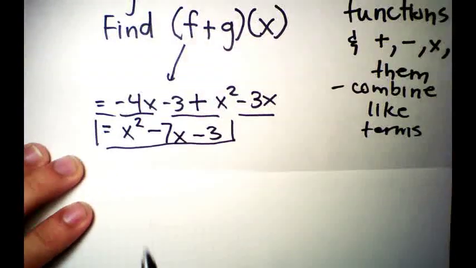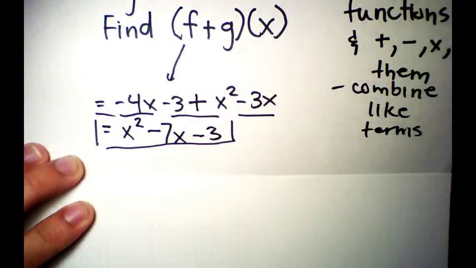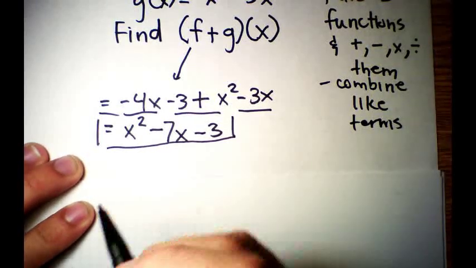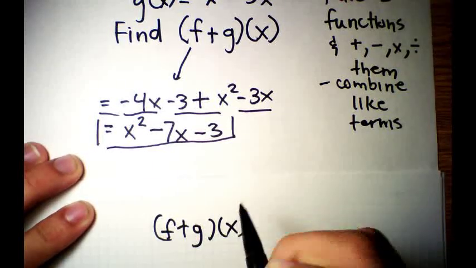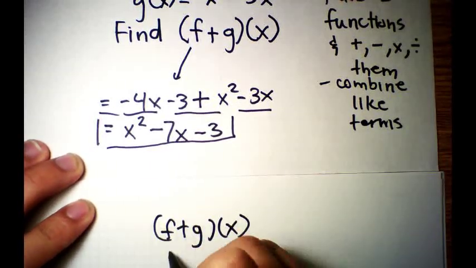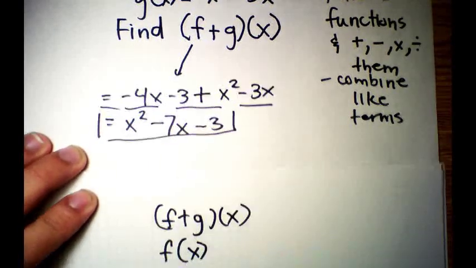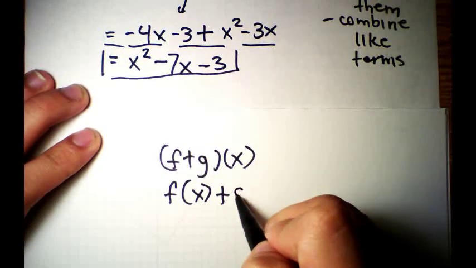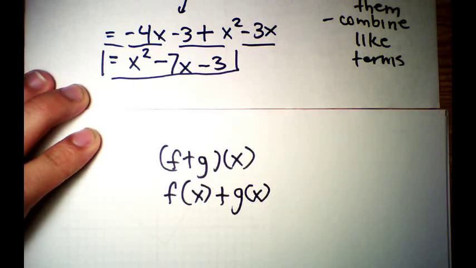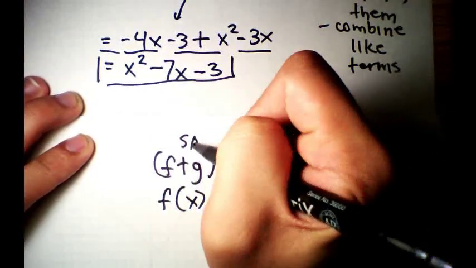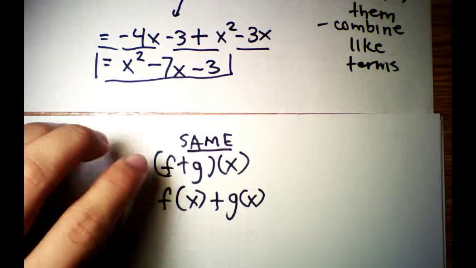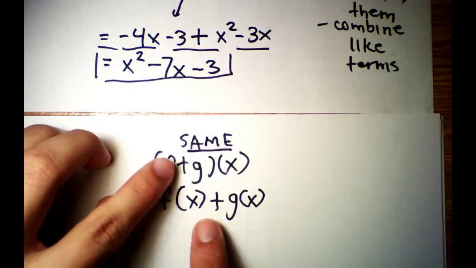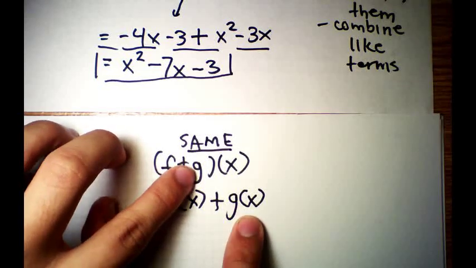If you see something like f plus g of x, or if you have it separated so that it looks like f of x plus g of x, okay, they both mean the same thing. They're asking you to do the same thing. It's just written a little bit differently. They're just asking you to take your f equation and then add it to your g equation.